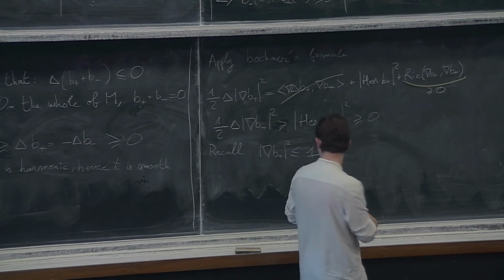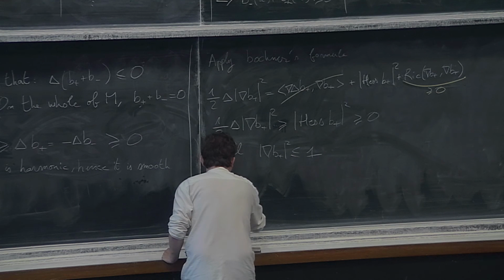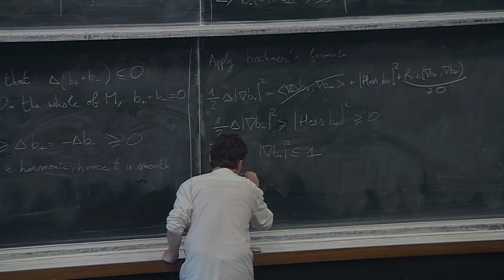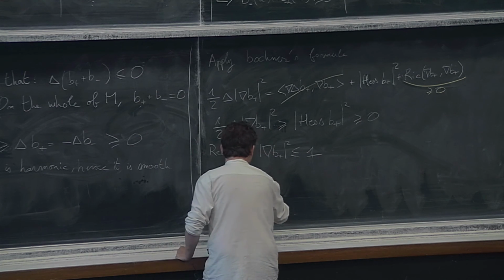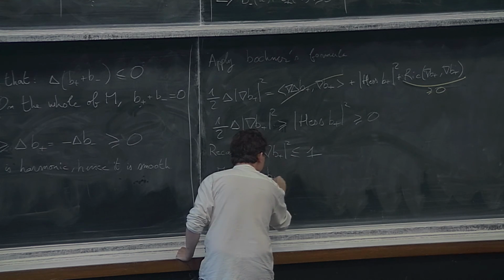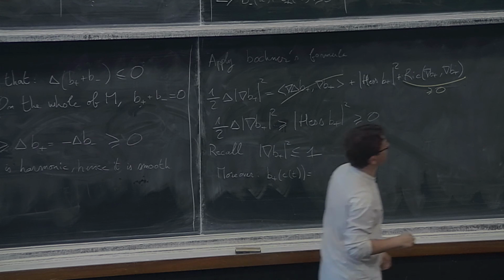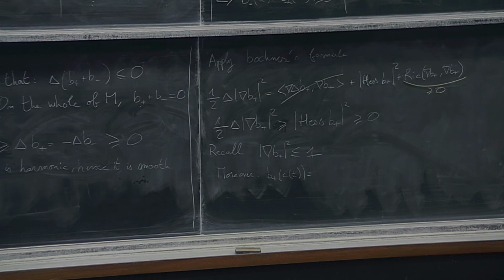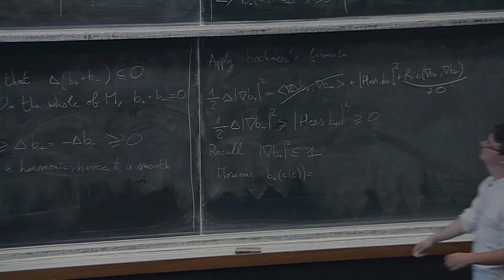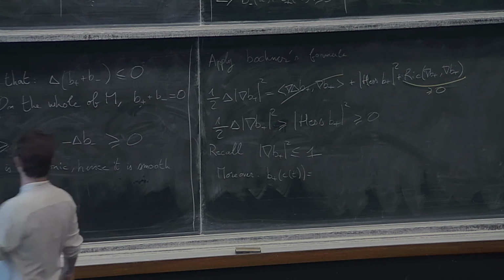Gradient is less than 1. Moreover, if I look at b plus of c of t, what did I get there? Was it t or minus t? I did this computation once, no? That's here. That's minus t.